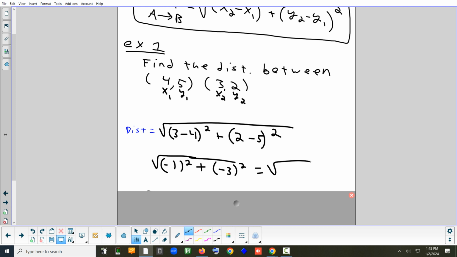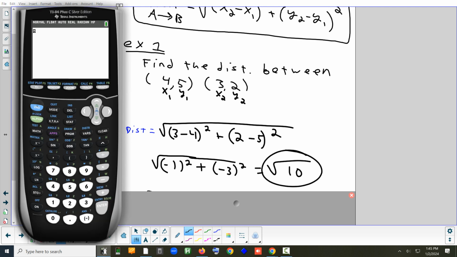So now when we simplify it, negative 1 squared you just said was 1. Yep. What's negative 3 squared? 9. And 1 plus 9? 10. So if they want an exact answer for the problem, that's how you leave it, square root of 10. If they want a decimal, well, just type in square root of 10. So it's about 3.16.